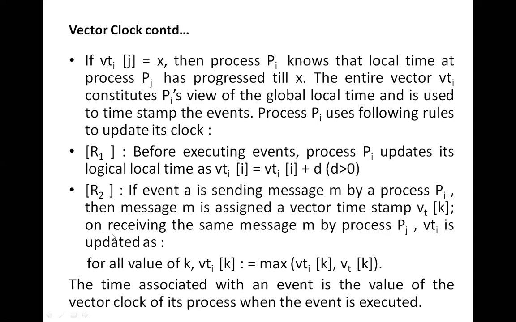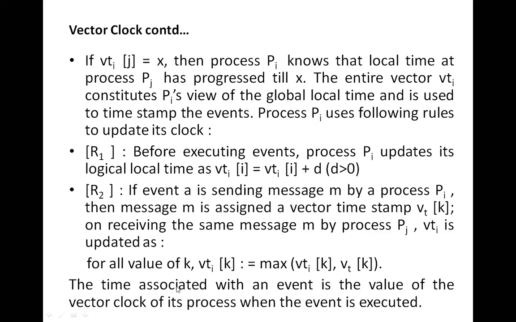And when that message is received by another process, the vector time of that process is updated by that particular rule. The rule is: for all values of k in the vector, Vti[k] will be the maximum of Vti[k] and the timestamp of that message.